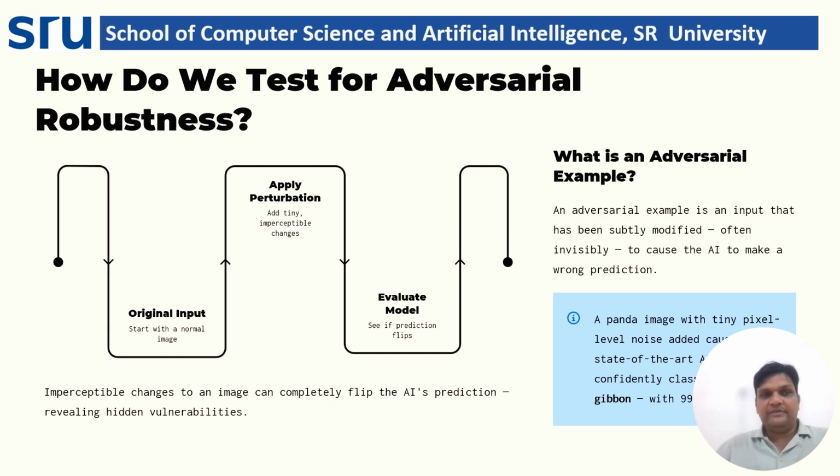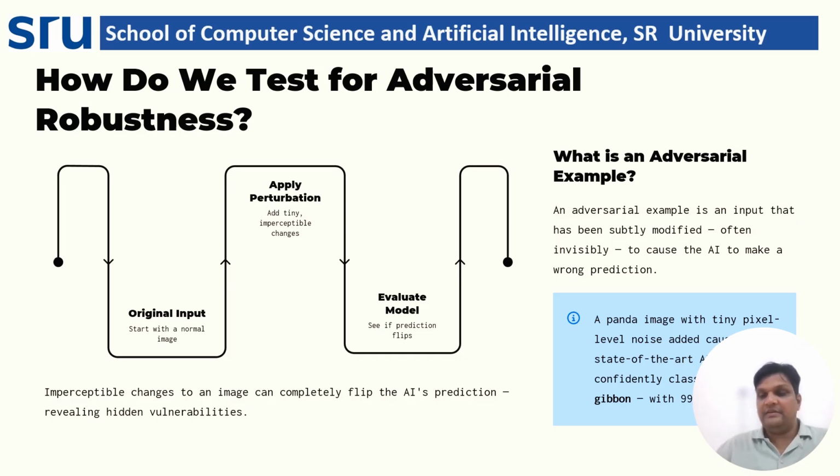How do we test for adversarial robustness? What is an adversarial example? An adversarial example is an input that has been subtly modified, often invisibly, to cause the AI to make a wrong prediction. How does testing work to protect AI?